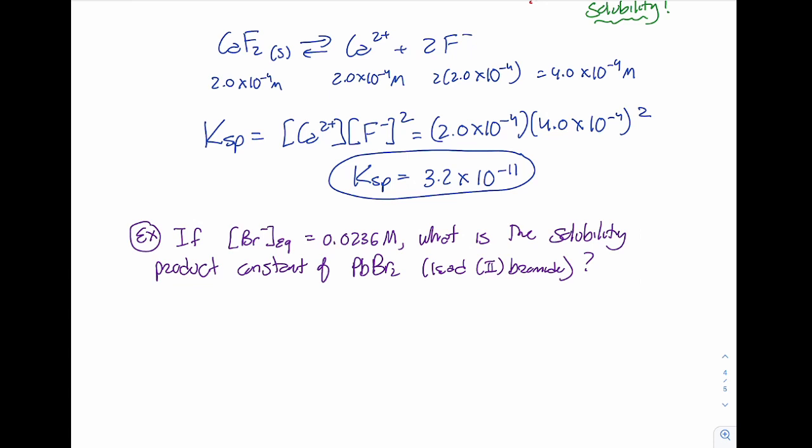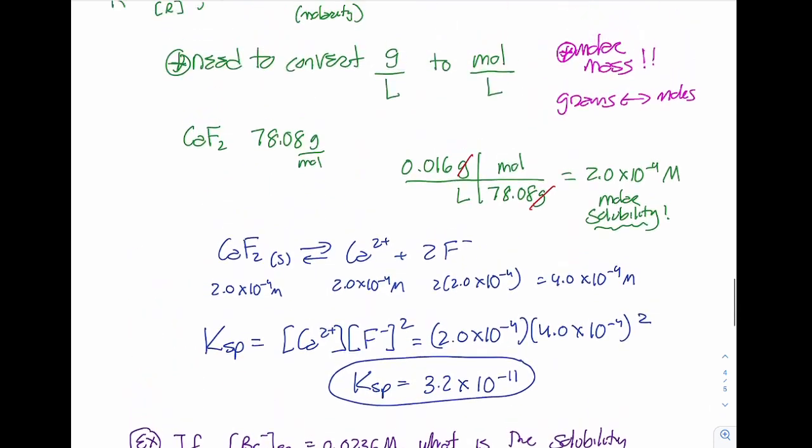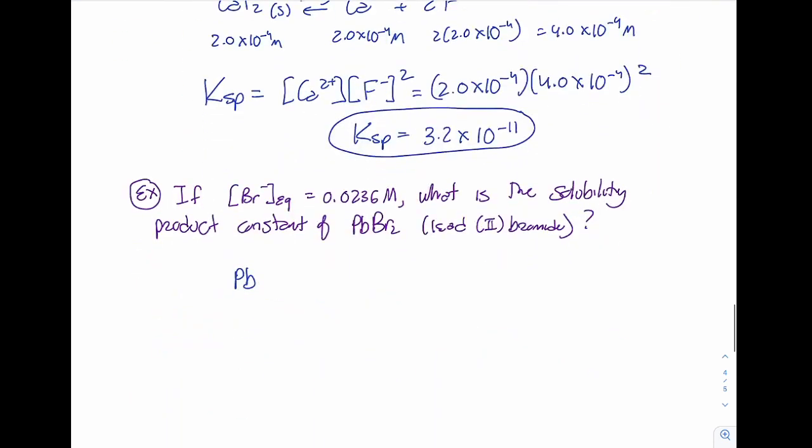So I always like to start again by writing my equation. Unless you're given gram solubility like in that last one, you need to convert it to moles, then the order that you do that in doesn't really matter. This is a solid. If you look at your solubility rules on the front of your periodic table, rule 3 tells us that compounds with bromide ions in them tend to be soluble, but lead 2 is an exception to that.